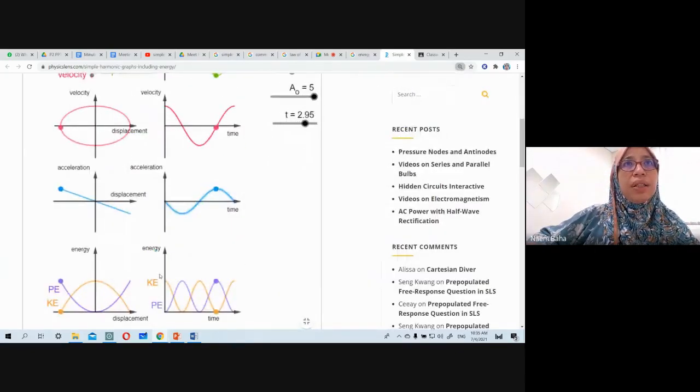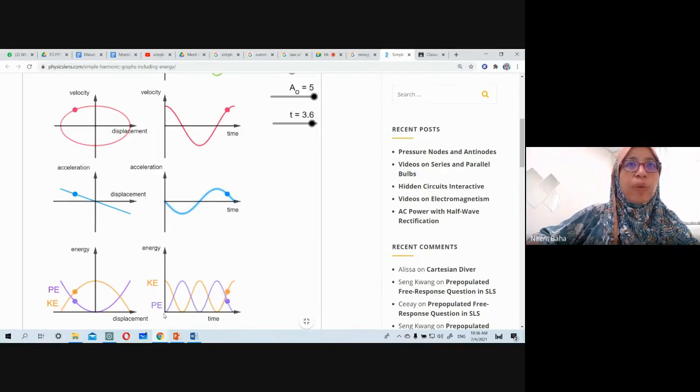So velocity at time 0 is at the maximum value, and you find that kinetic energy is portrayed to be the largest. So look, the kinetic energy is at the maximum while the potential energy U is 0.